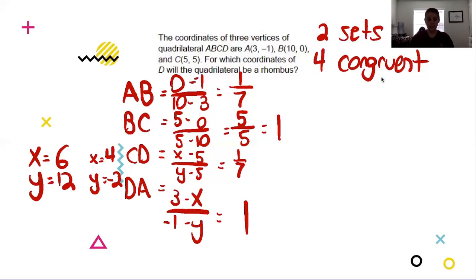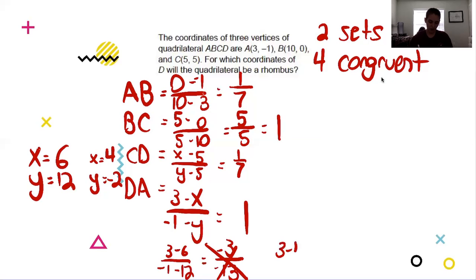So that's what I'm going to test on the second one. If I did 3 minus 6 over -1 minus 12, I'd get -3 over -13. That's not 1.